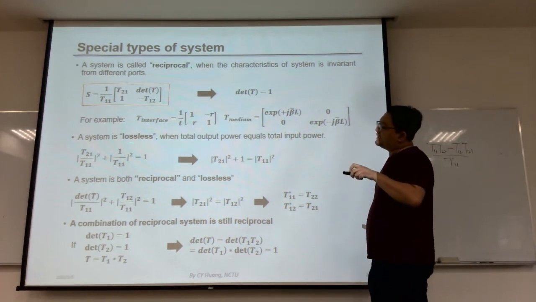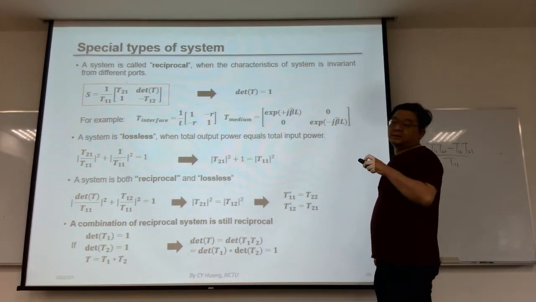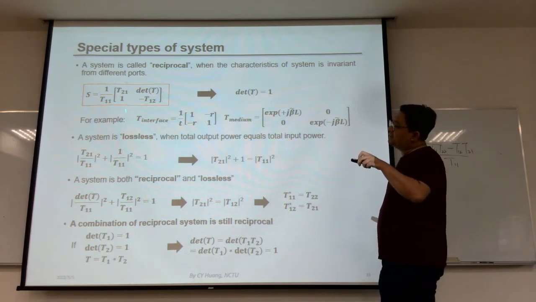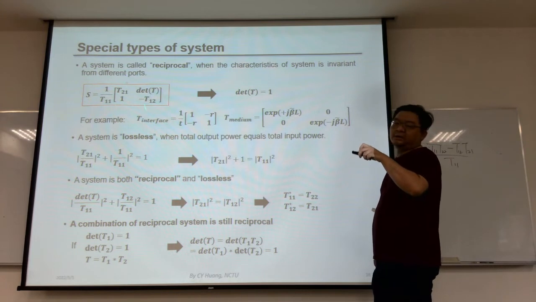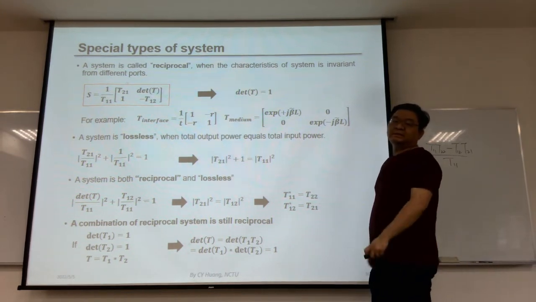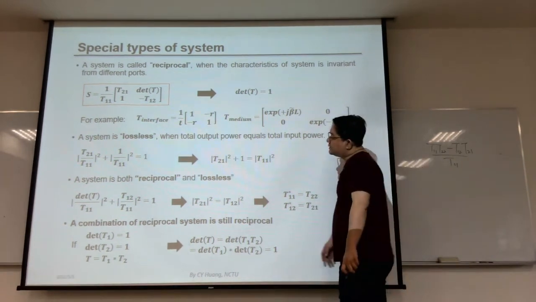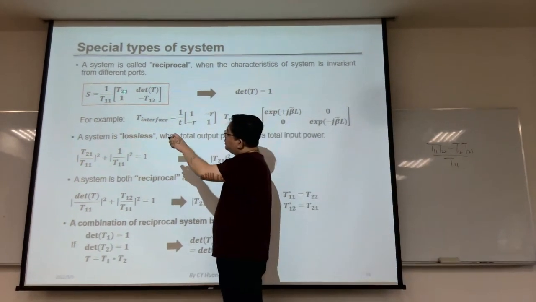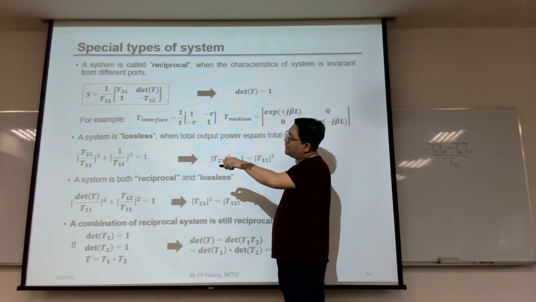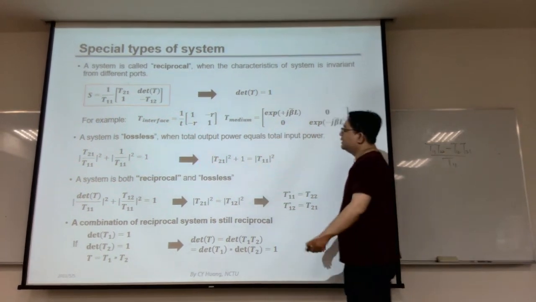Second, if a system is lossless, in the scattering theory, we said that the moduli of a column, its sum needs to be 1. So it will be T21 over T11 squared plus 1 over T11 squared needs to be 1.